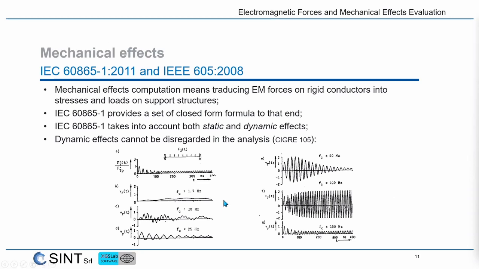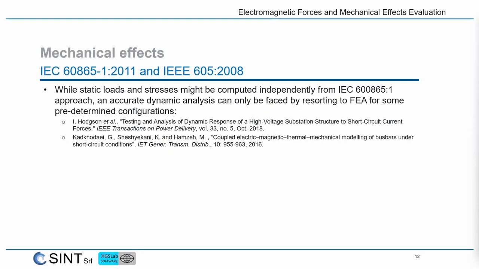Indeed, depending on the ratio between the natural frequency of the mechanical structure and the electromagnetic frequency, typically 50 or 60 Hz of the source or fault current, one can obtain an increase or a decrease of the overall effect when focusing on the dynamic aspects.